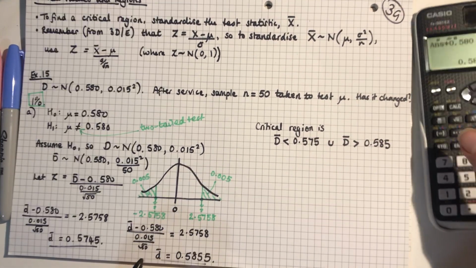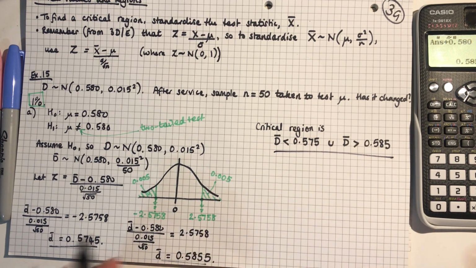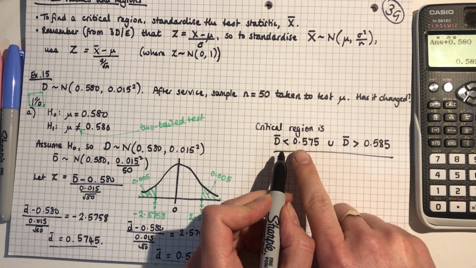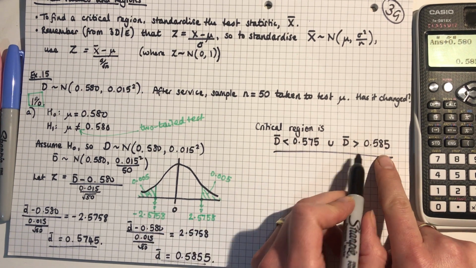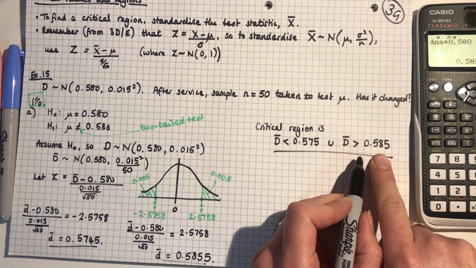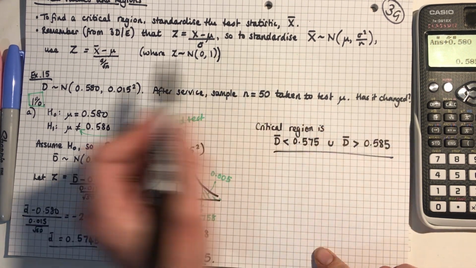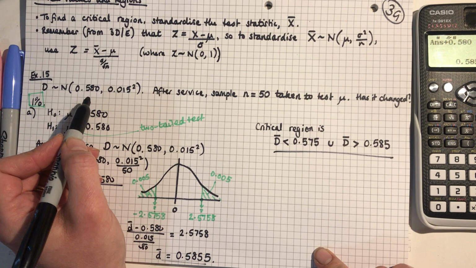So this is my critical region, and what it means is in this sample of 50, if the mean of the sample is in either of these regions here, then we would say we have enough evidence to assume that the mean has changed.